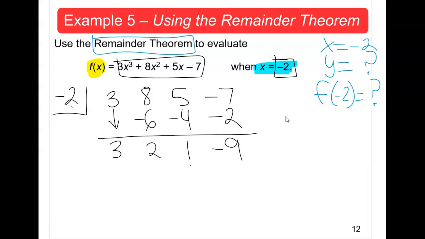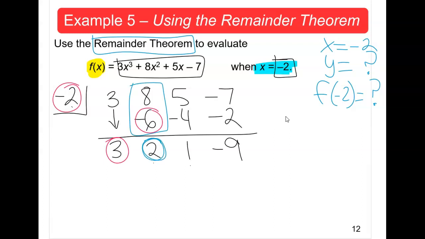I'm going to repeat the steps. First you drop this number, then you multiply that number times -2, and you obtain -6. Then you add vertically, and you obtain a 2.